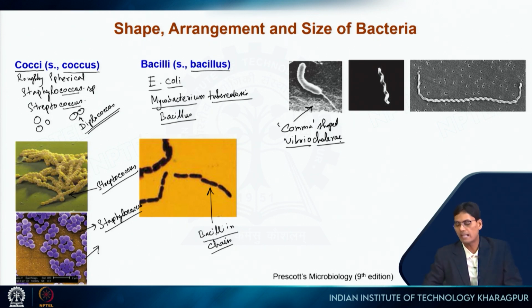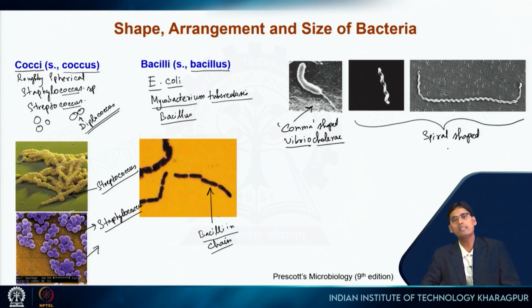And apart from that, as you can see here, some have a spiral shape. This spiral shaped bacteria have some kind of advantage, because, as you can see, this is almost like a screw. As a result, it helps their motility.